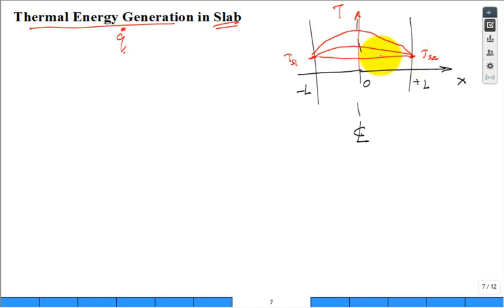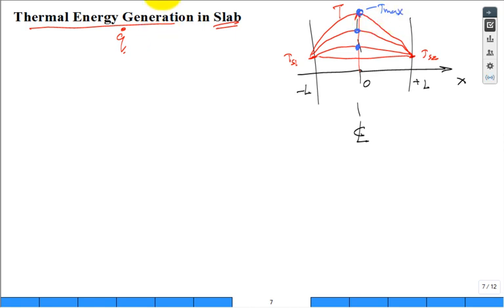The temperature in the middle is going up and up and up. And this is the direction of increasing Q dot. Where is the maximum temperature? In the middle. As long as the two surface temperatures are the same, the two boundary temperatures are the same, this will be the T max right in the middle.